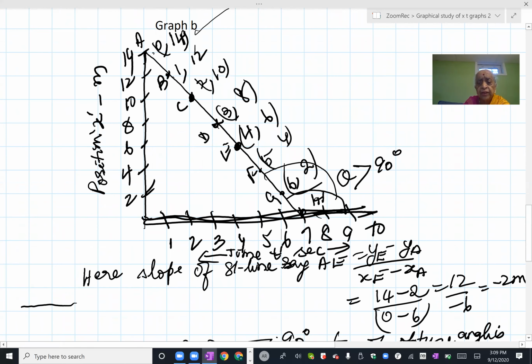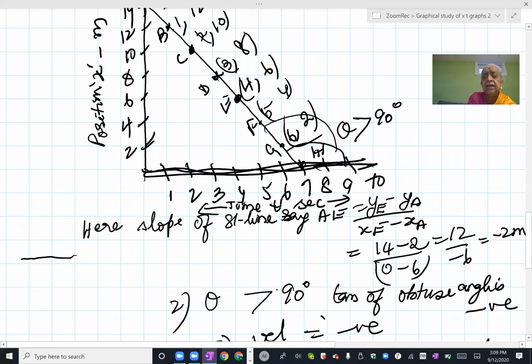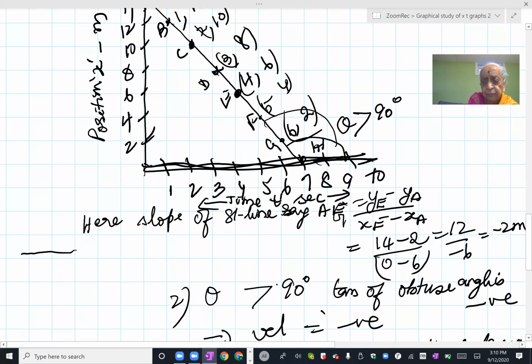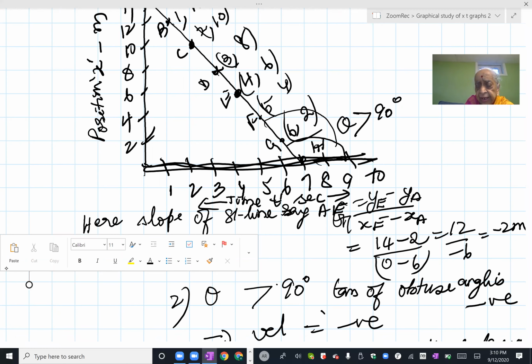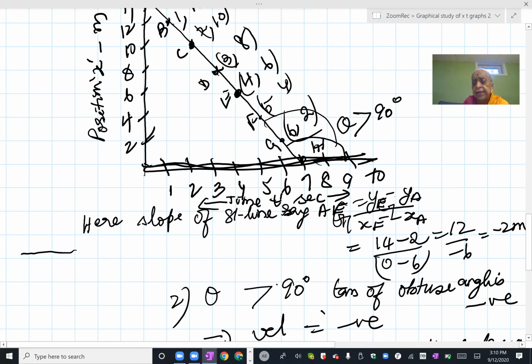It should not be AE, sorry, it should be AG. What is the slope of the line AG? It will be YG minus YA by XG minus XA.